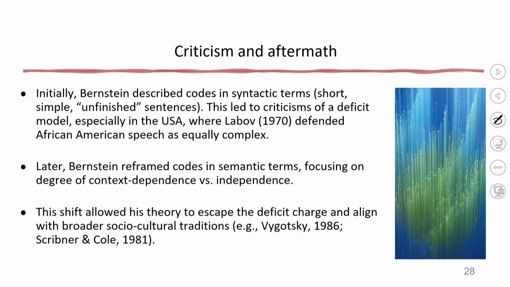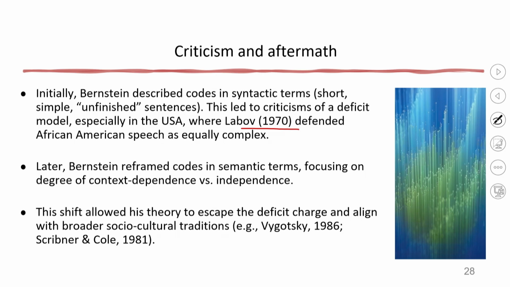But as I said, there was a lot of criticism, initially because of the way he put it, directly correlated with class and the lack of syntactic complexity, syntactic finesse and sophistication. As a result, there was a lot of criticism he faced, and some scholars even contradicted him with their own studies.